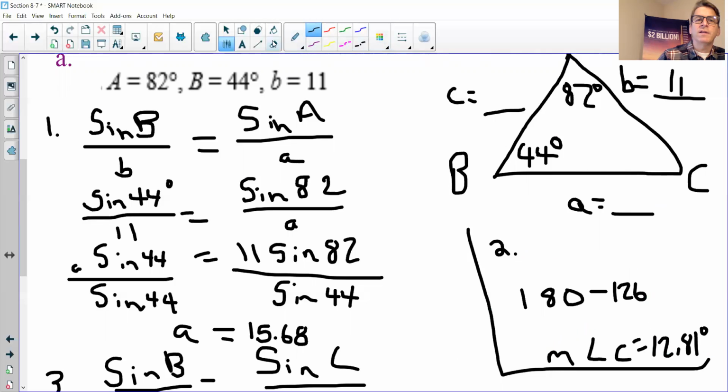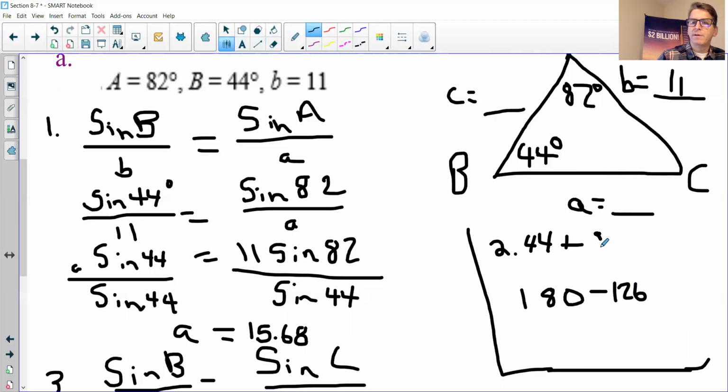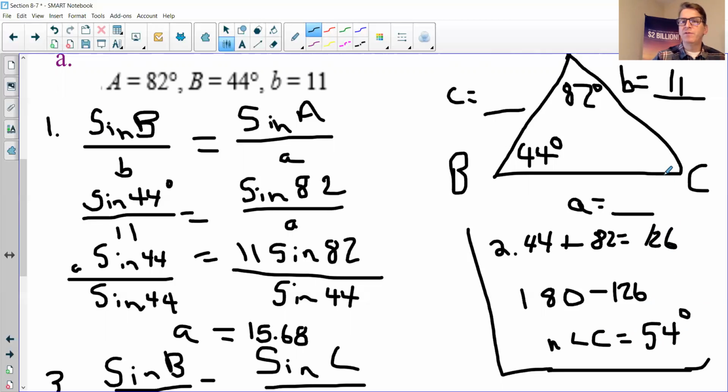I got a little ahead of myself there. That's by taking 180 and subtracting 126, and 126 is obtained by adding 44 and 82. So angle C is 54.